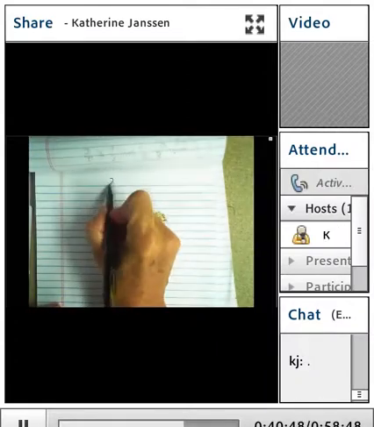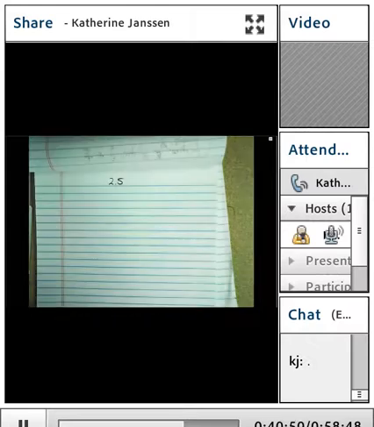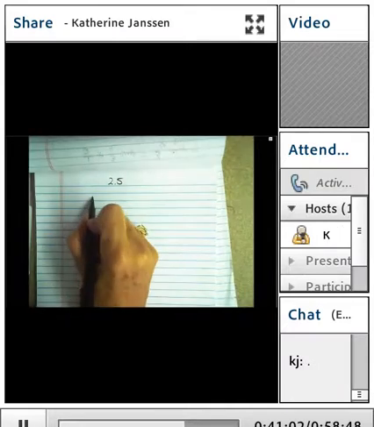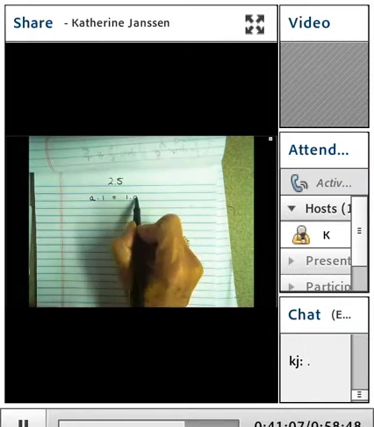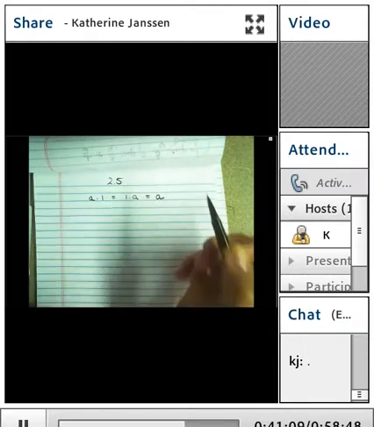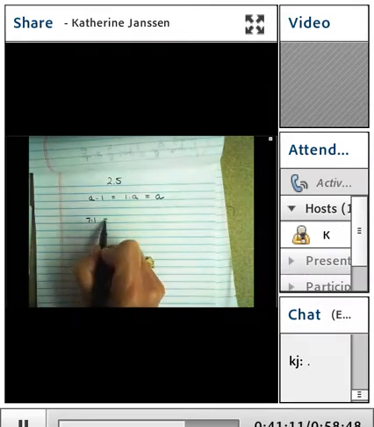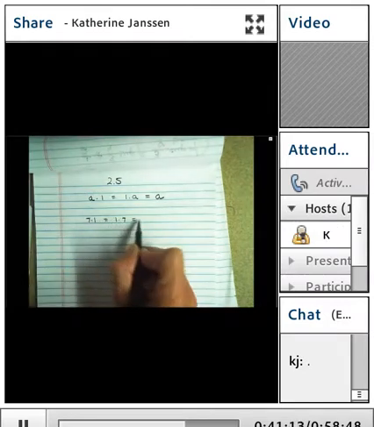And section 2.5 begins on page 115. Multiplicative identity for fractions. When we multiply a number by 1, we get the same number. We've talked about this before. 8 times 1 equals 1 times 8, which equals the number. 7 times 1 equals 1 times 7.